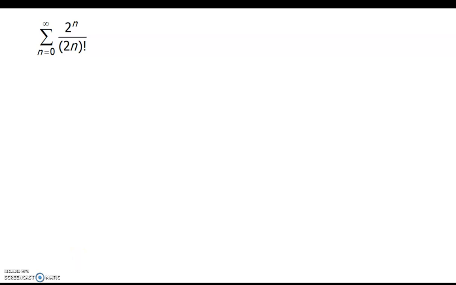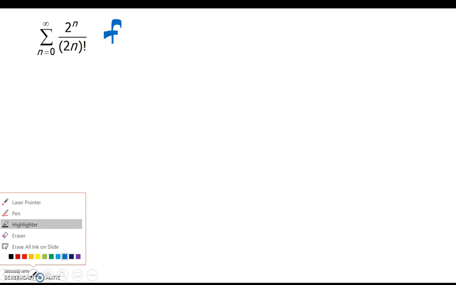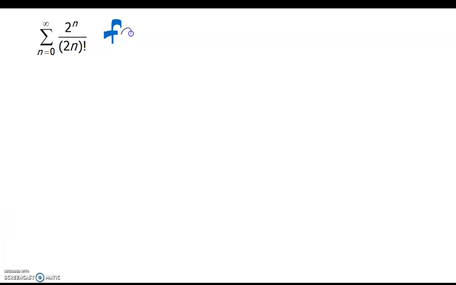So when I look at this series, whenever you see a factorial, that is a big clue that you want to do the ratio test, because factorials simplify nicely with the ratio test.